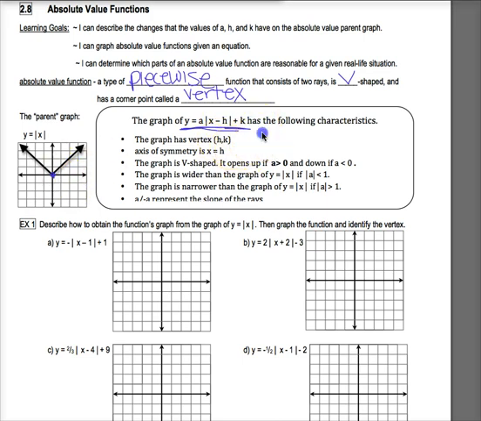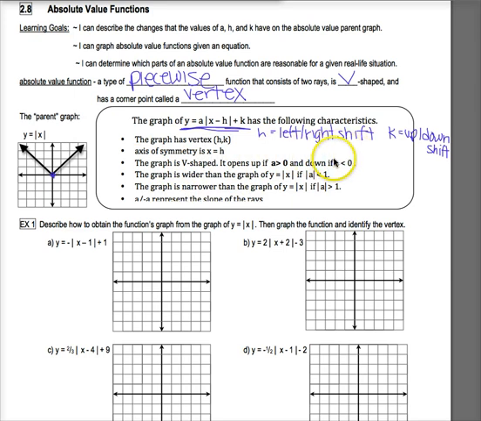So that means that h controls your left or right shift. K is the y coordinate of the vertex, so that is going to control your up or down shift. The axis of symmetry is always through the x coordinate of the vertex.